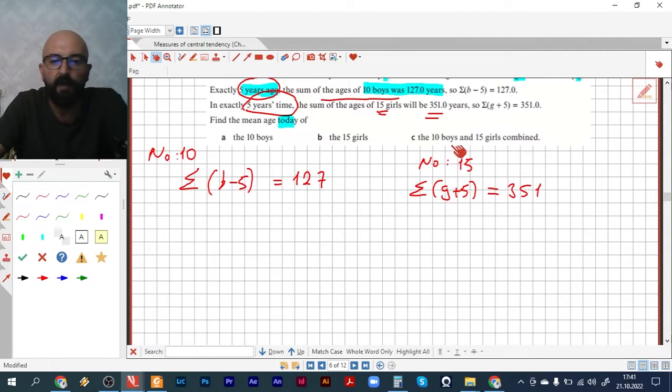Okay, now the first time I want to find the sum of the sum of age of 10 boys for today.